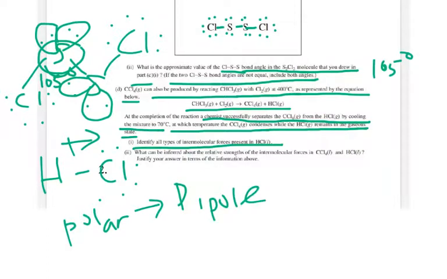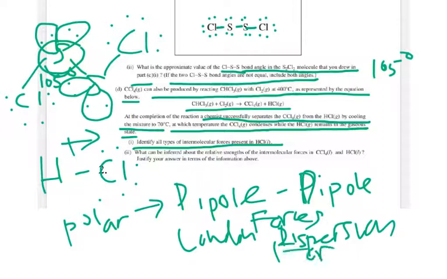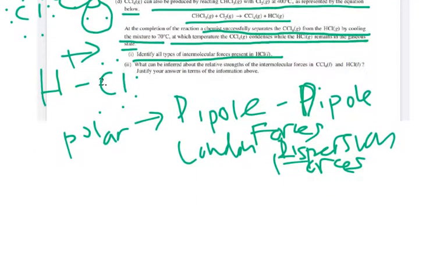I'm going to spell this out all the way, because in free response questions we want to be as specific as possible. So dipole-dipole forces, and London dispersion forces. And yeah, those are the two forces present in HCl.